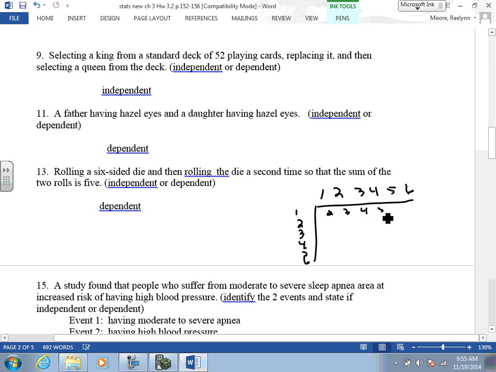Here's your pattern. See your pattern? These are the sums. These are the sums of two dice when you roll your dice.